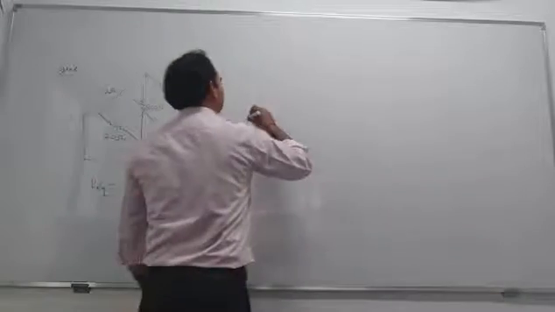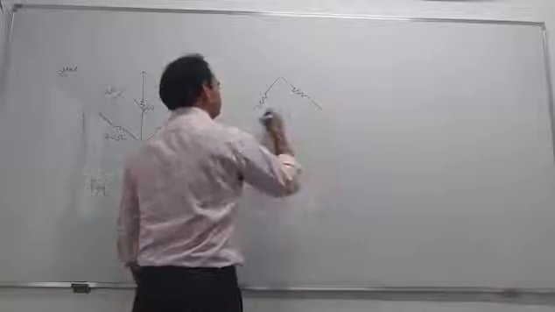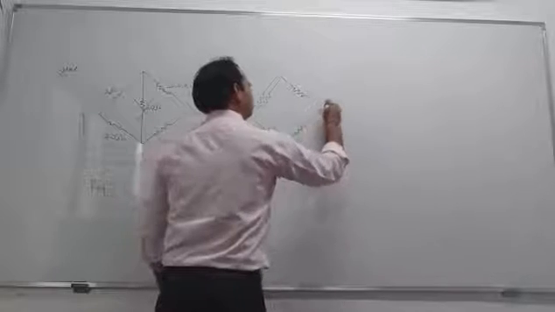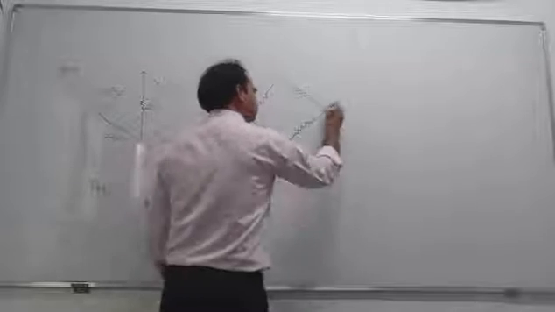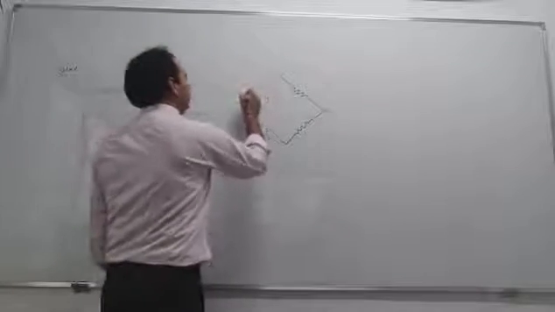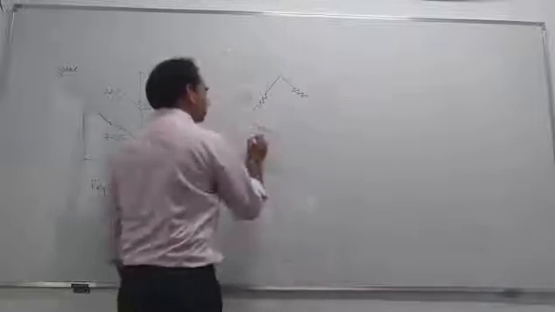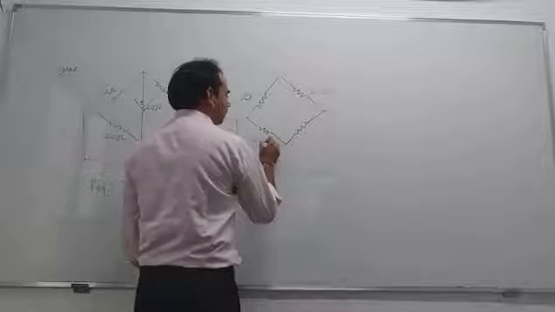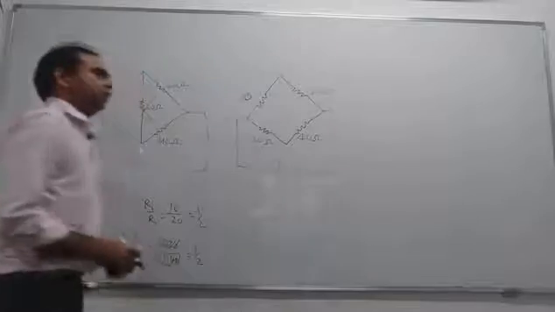Then the circuit becomes like this. This is the 10 ohm resistor, 20 ohm resistor, this is again a 20 ohm resistor, and this is the 40 ohm resistor, right?